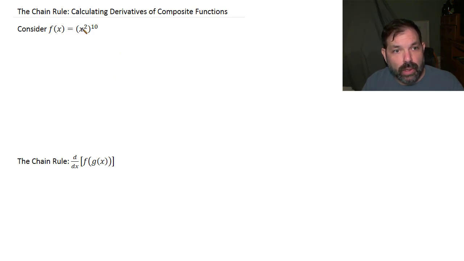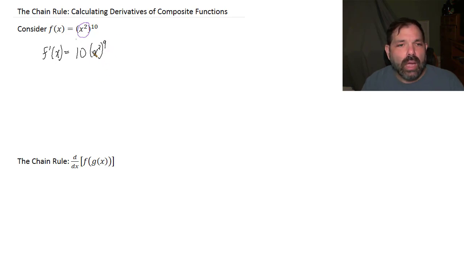And so if I just think, okay, well, I have this quantity to the 10th power, maybe the derivative is, so f prime of x, maybe the derivative is just 10 times x squared to the 9th power. I'm going to put a question mark there because I'm really not sure about this yet.